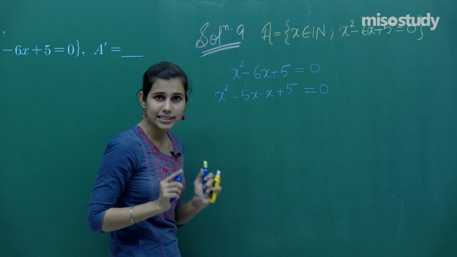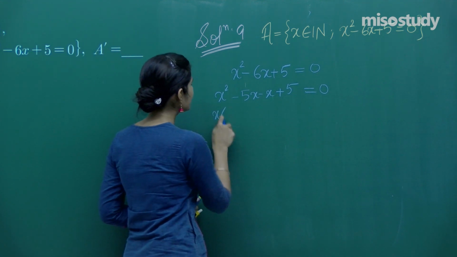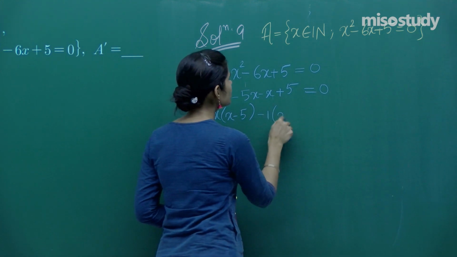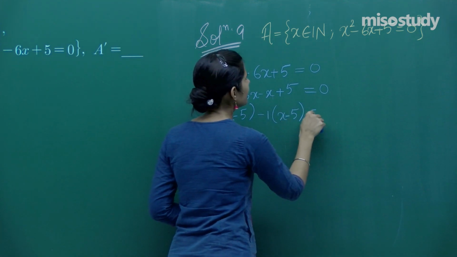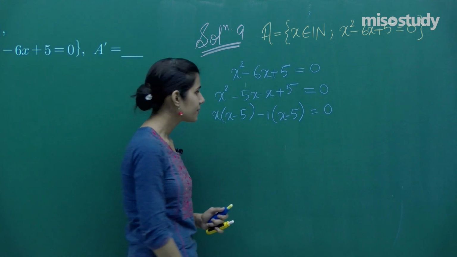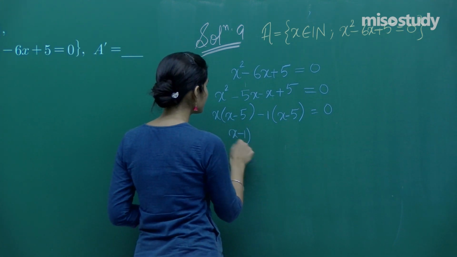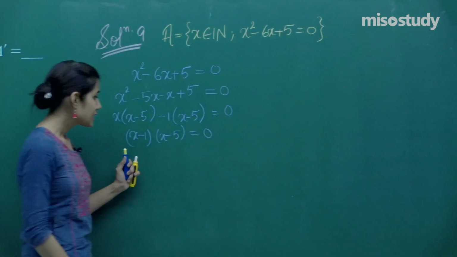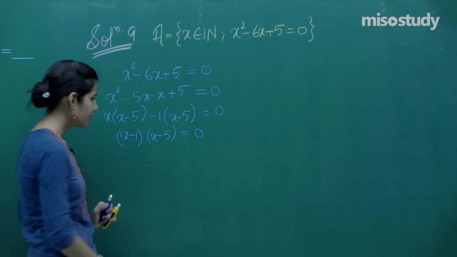Now just collect the like terms. You get x common, x minus 5 minus 1, x minus 5 equals 0. This means the factors are x minus 1 and x minus 5.